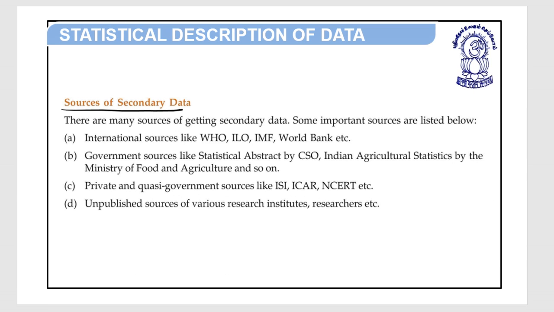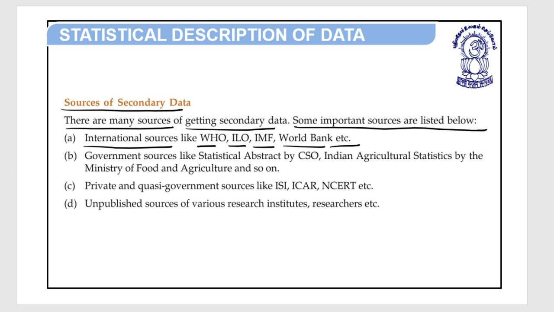Sources of secondary data. There are many sources of getting secondary data. Some important sources are listed below. A. International sources like WHO, ILO, IMF, World Bank, etc. B. Government sources like Statistical Abstract by CSO, Indian Agriculture Statistics by the Ministry of Food and Agriculture and so on.